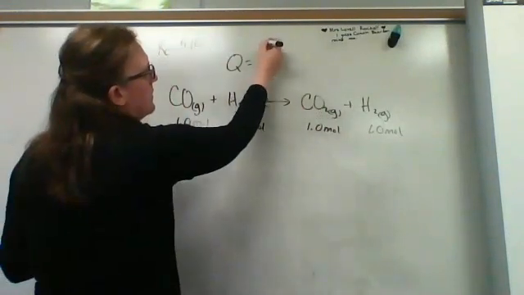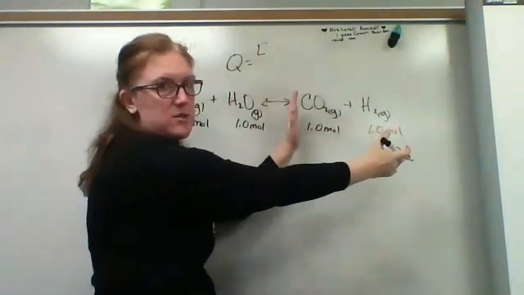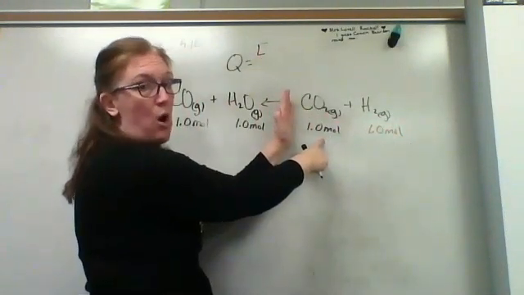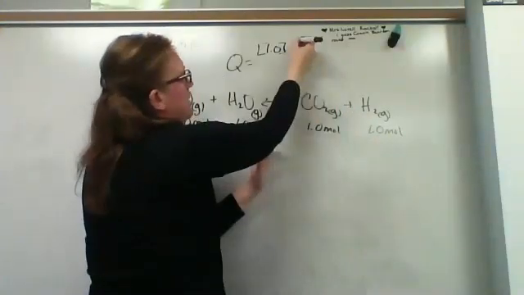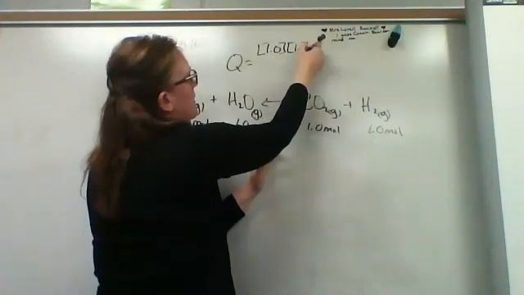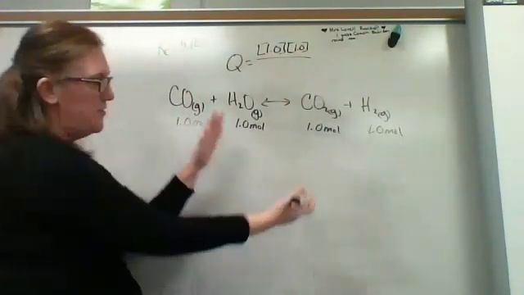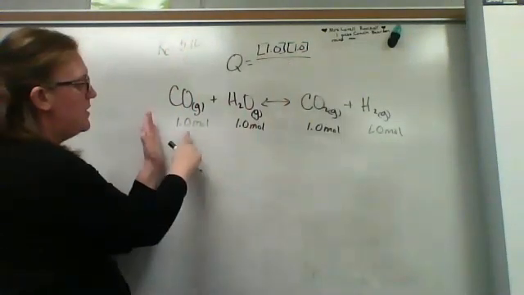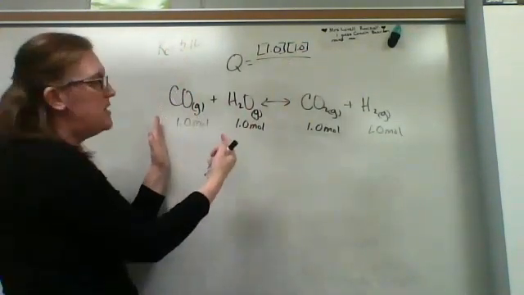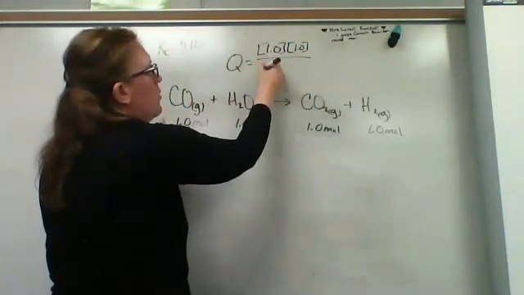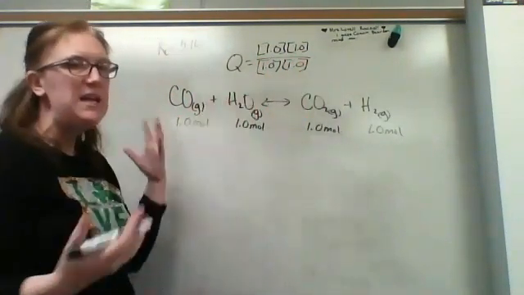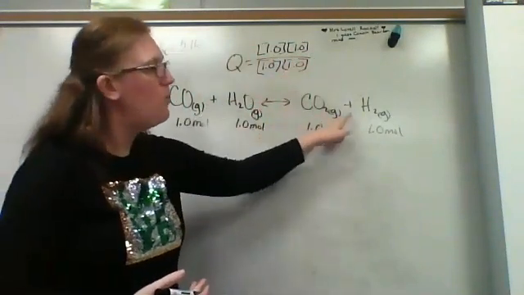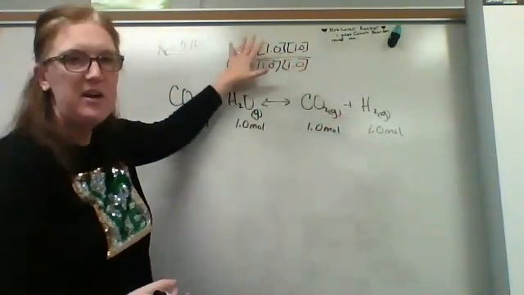On top, I always put my products, so I'm going to put my 1 molar, 1 molar times this concentration, 1, divided by my reactants. I'm going to do the same thing: 1, 1 times 1. I don't have to put any exponents because I don't have any coefficients. So I'm just calculating my Q.